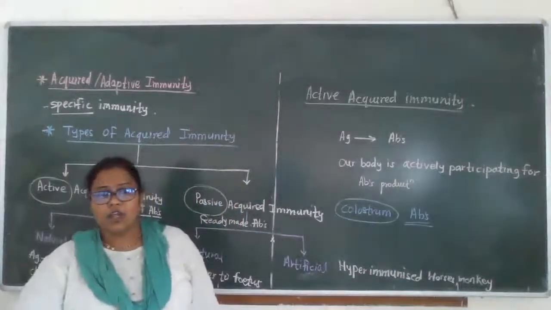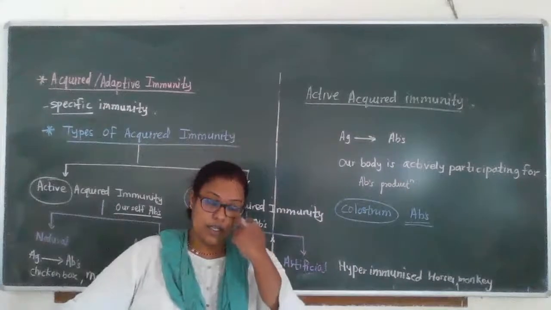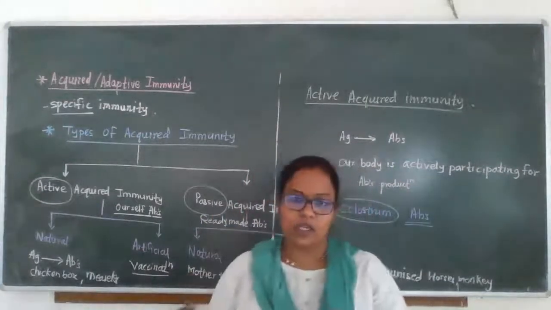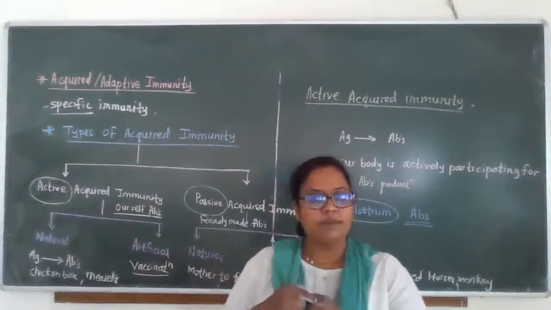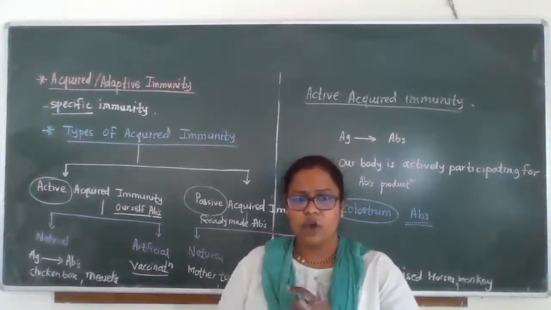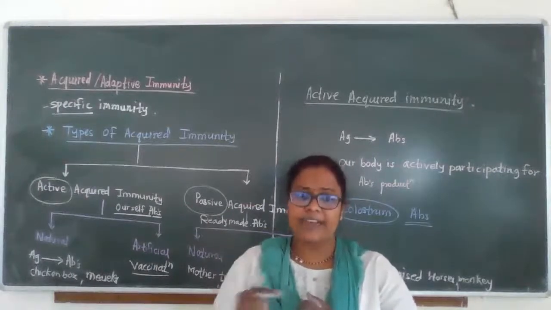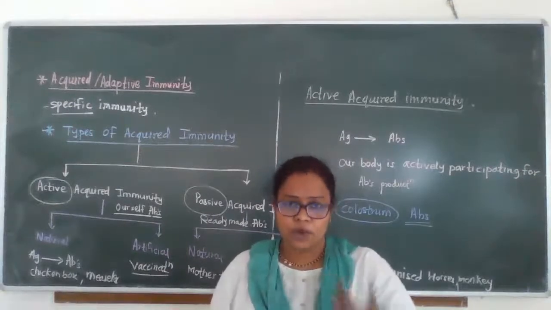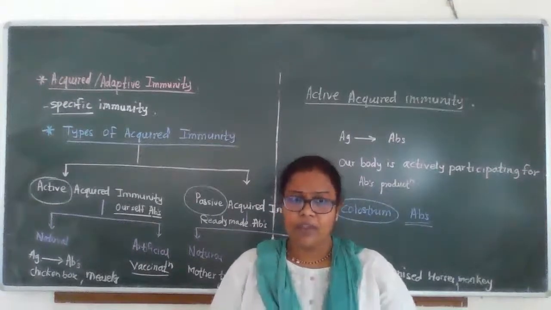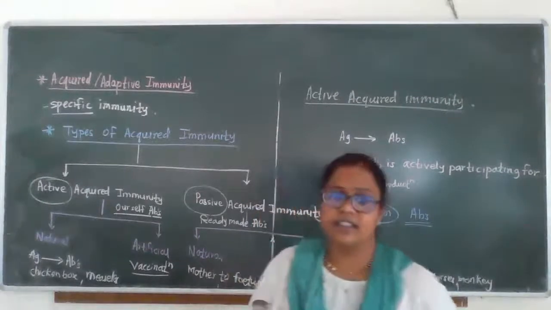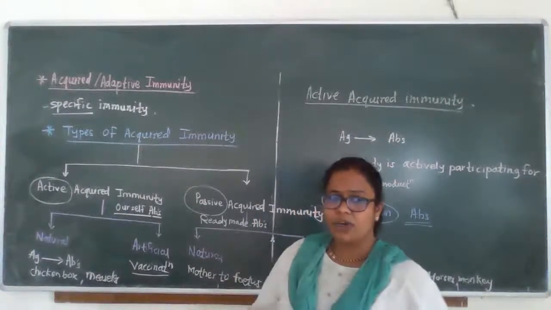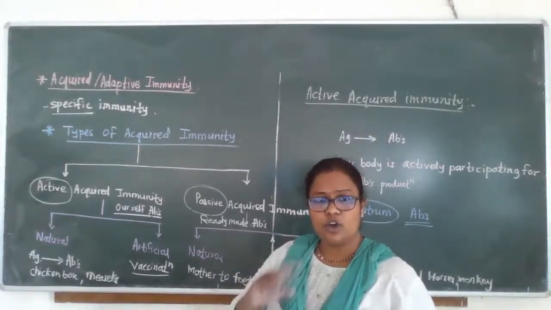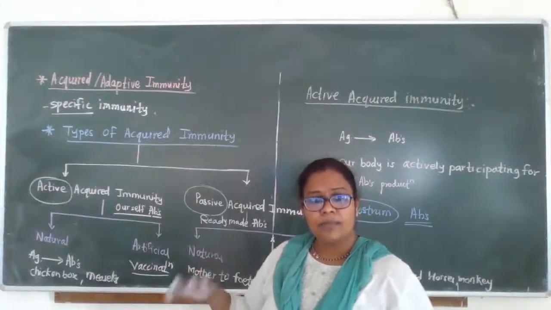How are we making the horse hyperimmunized? Just like during vaccination, we inject the weak or dead form of antigen into the horse. Obviously, in response to that dead form of antigen, the body of the horse produces antibodies. At the very first time it is in a very small amount, but as the days progress, the quantity or percentage increases.